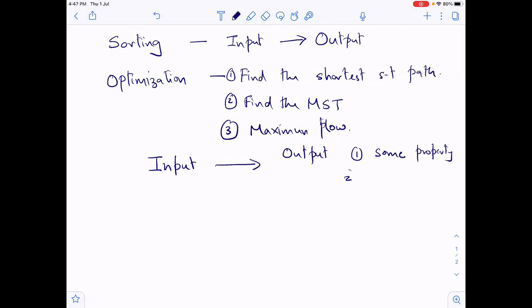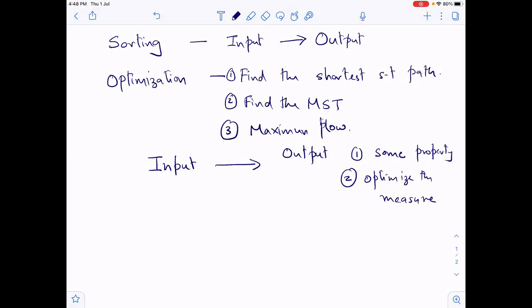And also you want to optimize that quantity, the measure. Optimization means it's either min or max. You try to come up with the shortest path, or the minimum spanning tree, the spanning tree with the lowest cost, and so on.